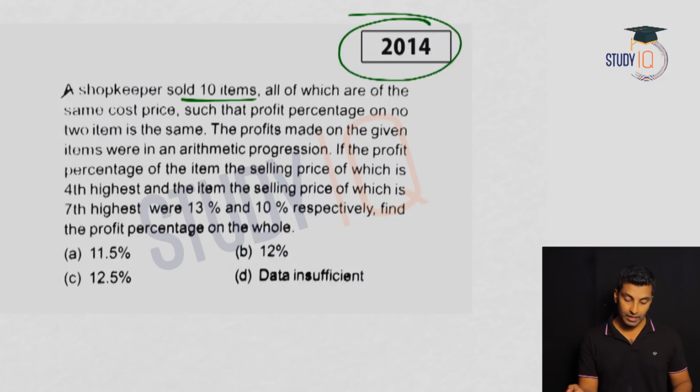A shopkeeper sold 10 items, all of which have the same cost, such that the profit percentage on no 2 items is the same. The profit percentage is not the same, but the cost price is the same.